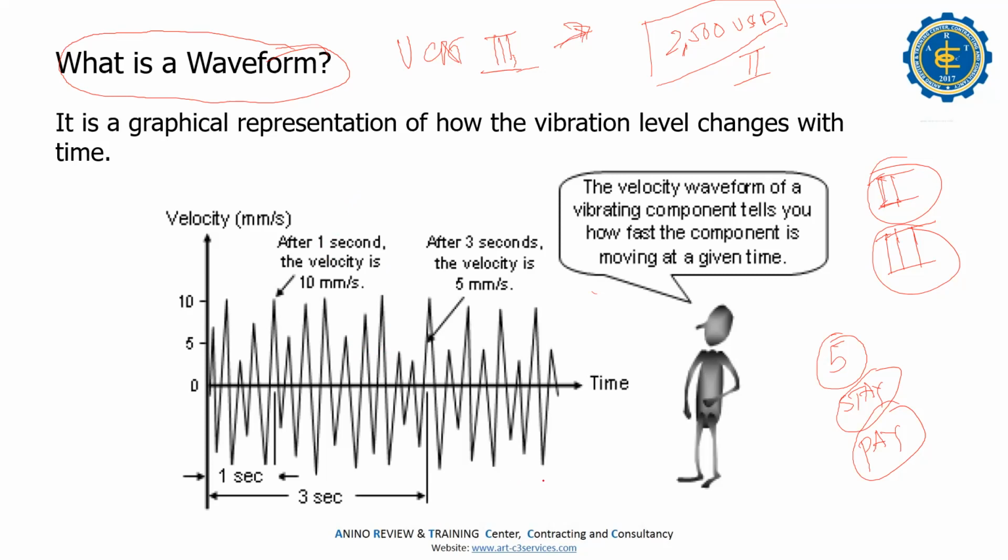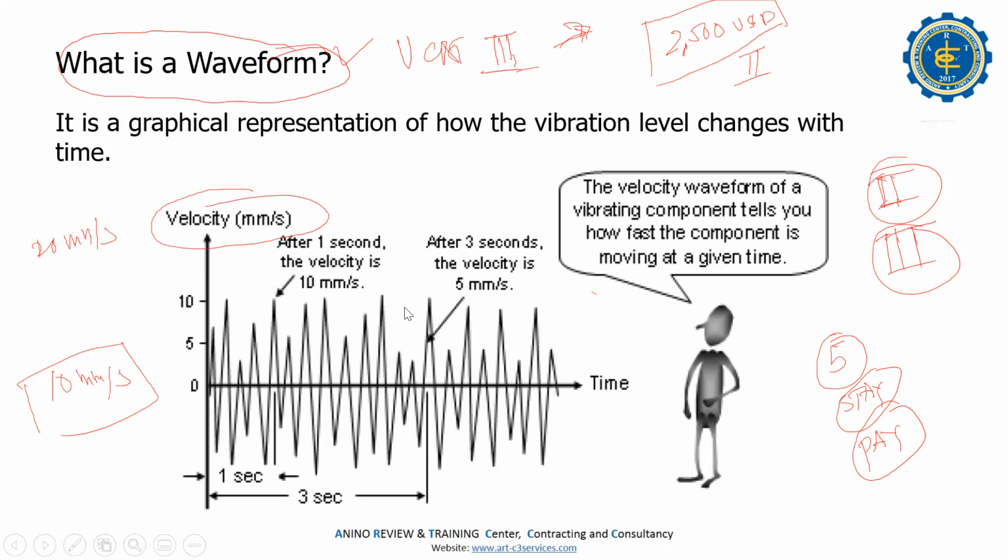Because you can compute how fast it changes, then you can predict. For example, the vibration is 10 mm per second, very high. Based on the waveform, you can predict that after 1 week it becomes 20 mm per second, because of the changes in the vibration level.